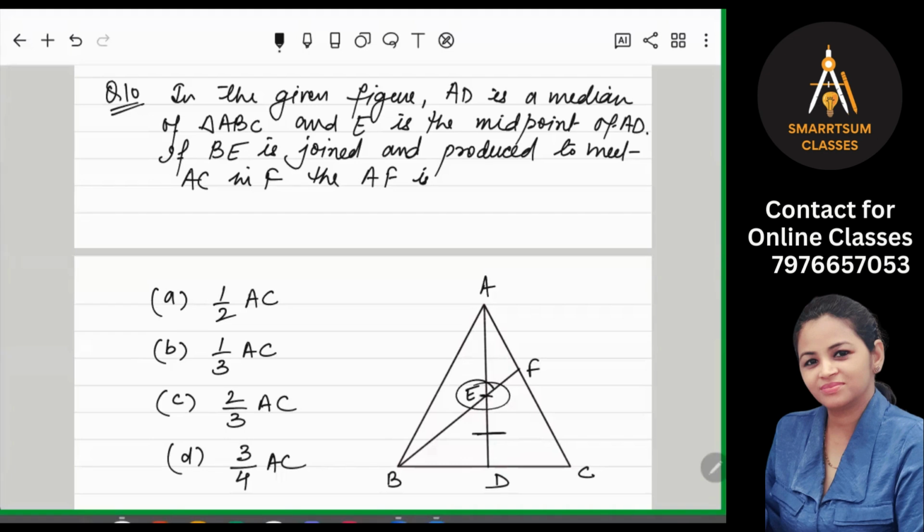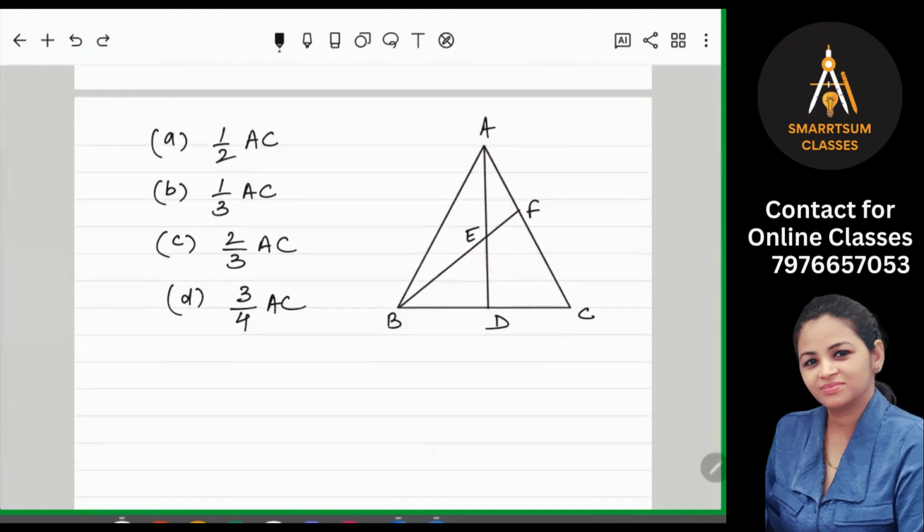Now, if you join B and E and produce it to meet AC, it will meet at point F. Now you have to find the value of AF among these four options: AF is half of AC, 1/3 of AC, 2/3 of AC, or 3/4 of AC. So this we have to do.